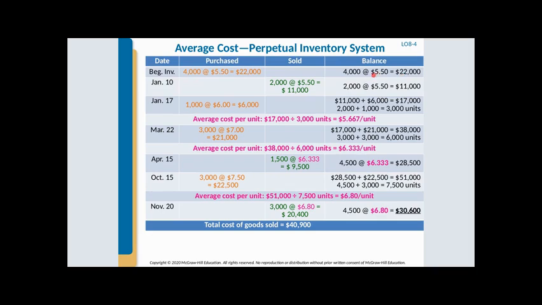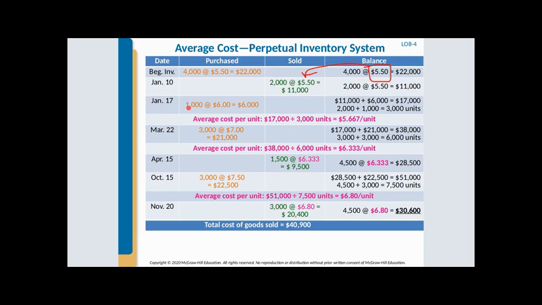So we know that right now our average is $5.50. We have a sale on the 10th. The first thing you need to do if you have a problem is probably set it up in chronological order, because that way it's easier to calculate. We sell these units using the average that was provided. We sold 2,000 units. We still have 2,000 units in inventory.